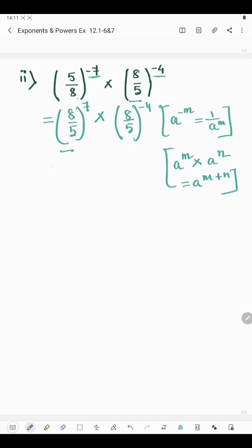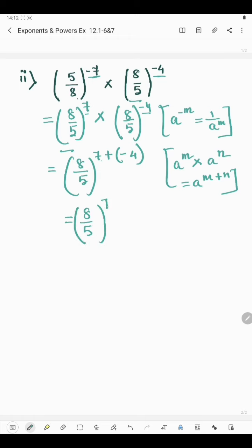Now we write the base at first, which is 8 by 5, and powers to be added. So it will be m plus n. m is 7 here and n is minus 4. So (8/5)^(7 + (-4)). It will be (8/5)^3. 7 minus 4 is 3.